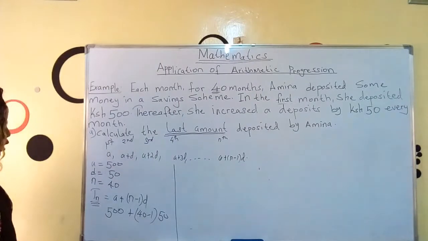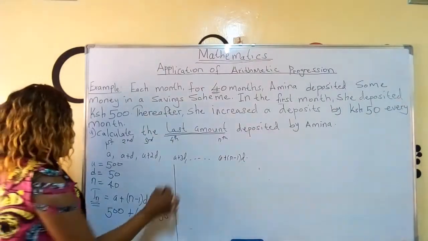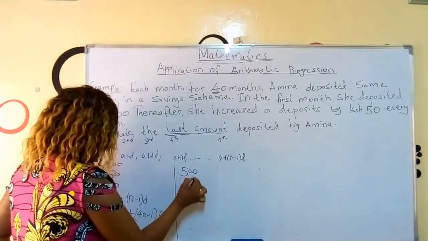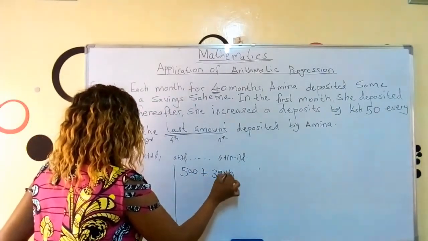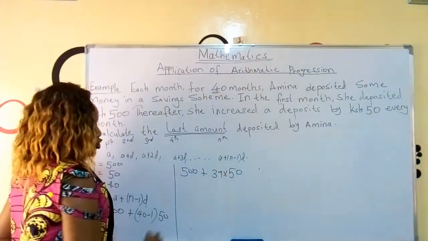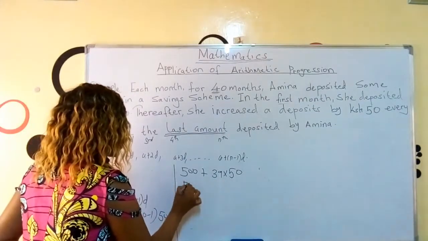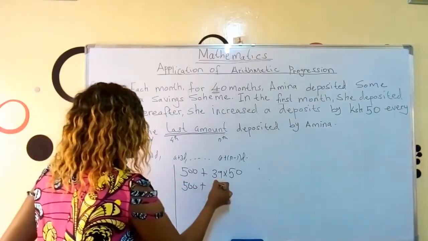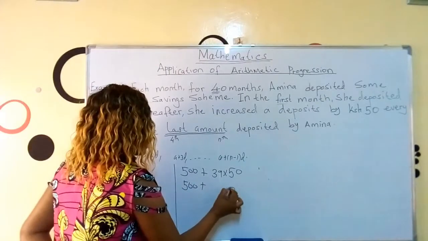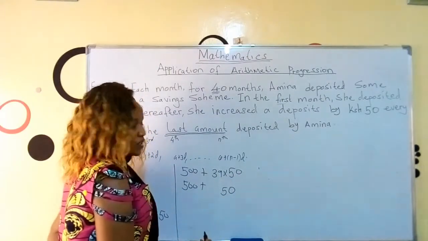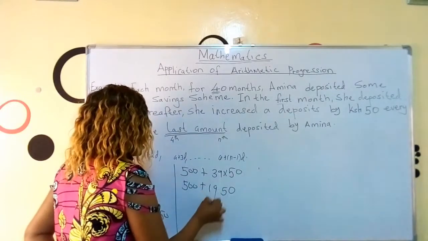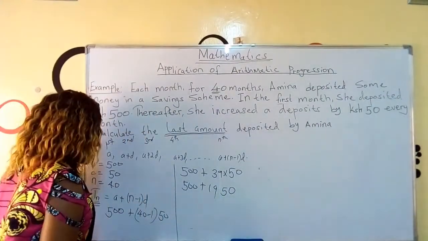Right? So if we solve, we have 500 plus 39 times 50. This gives us 500 plus 1,950.